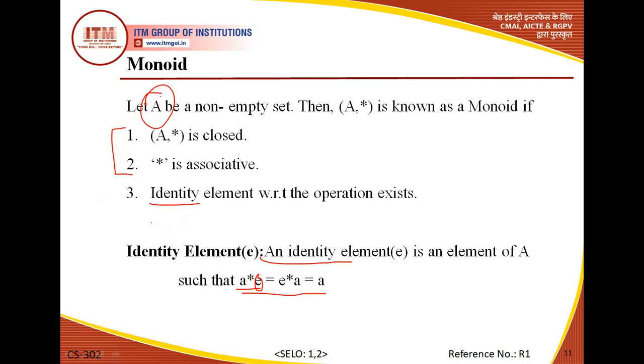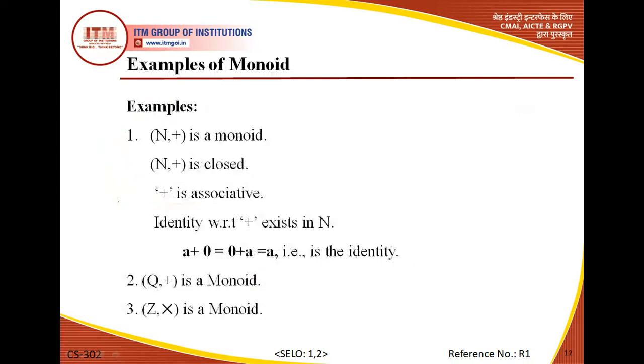I hope we're clear with what a monoid is. A monoid has three properties: the closure property, the second property is associativity, and the third property is existence of the identity element. Now, let's see some examples of monoid. N plus is a monoid.